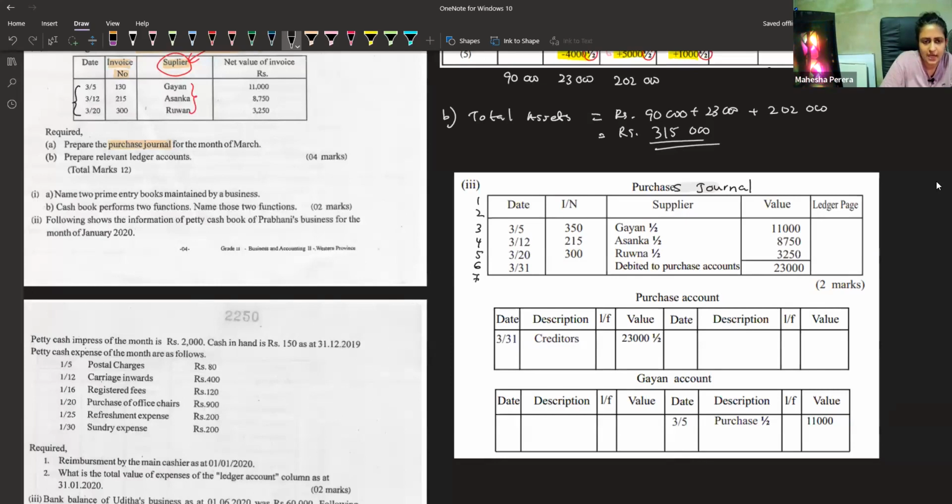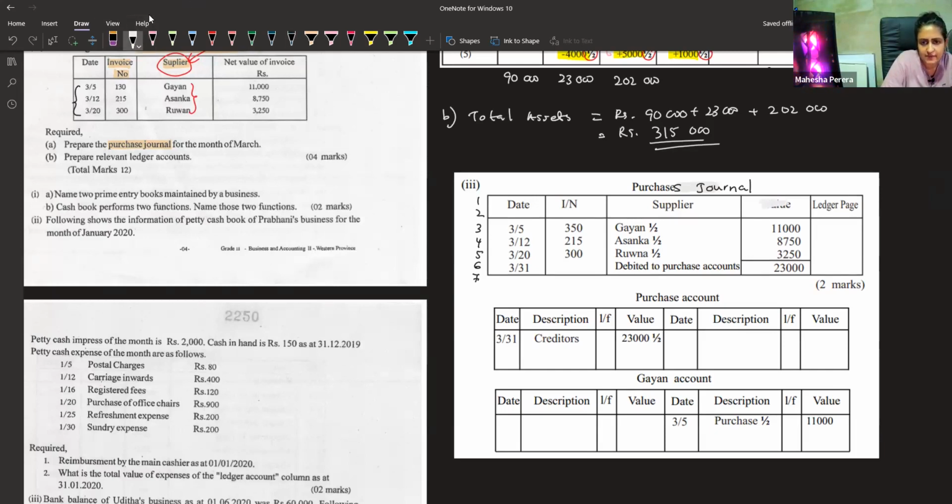Then label each column. First column is date. Next one is invoice number. We have been given the invoice numbers here. Then the supplier value is normally called total value. When writing this, write it like this. I'll correct this.